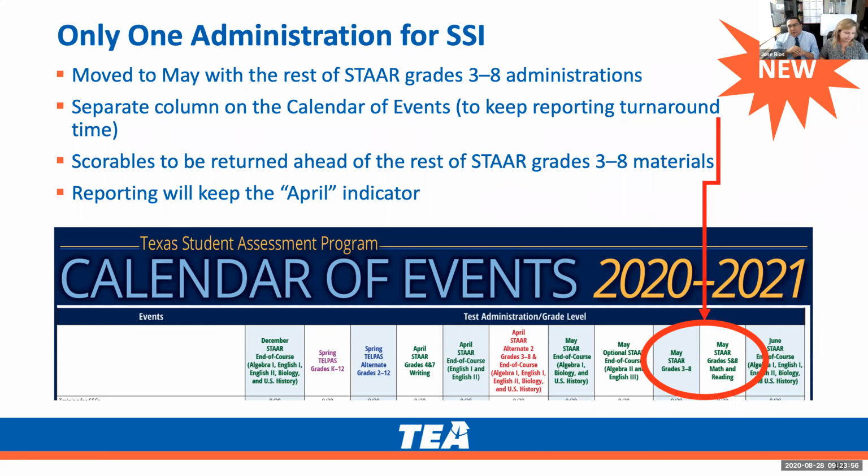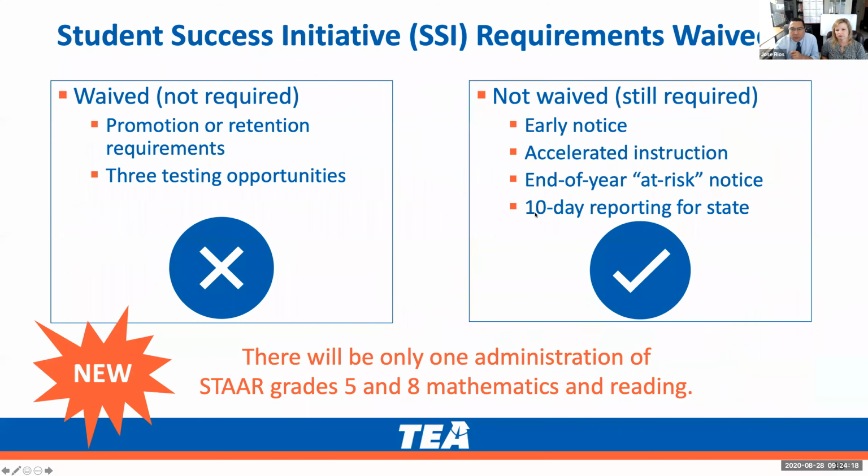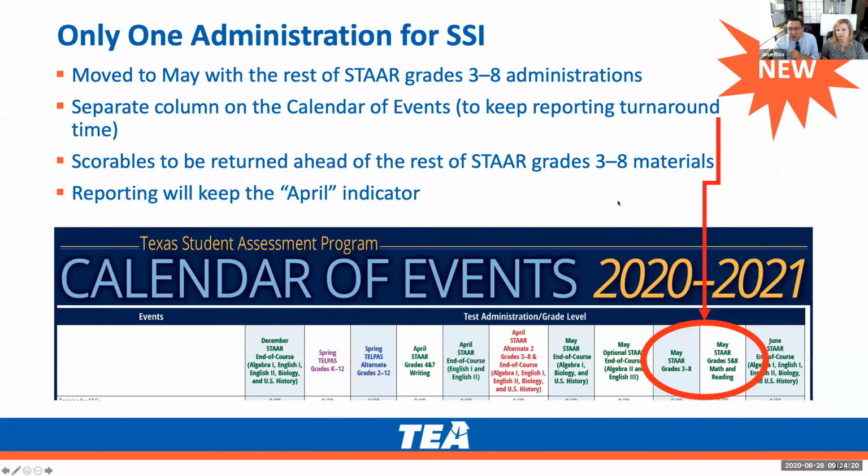By now, probably all of you have seen the calendar of events posted on our site. If you haven't, if you go on the DCCR under calendars, you should be able to find the PDF. So what did we do? We moved 5 and 8, but we kept it under its own individual column because, as Julie mentioned on the slide before, we're still required to produce the reports within 10 days for the students.